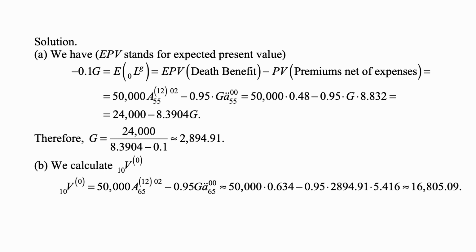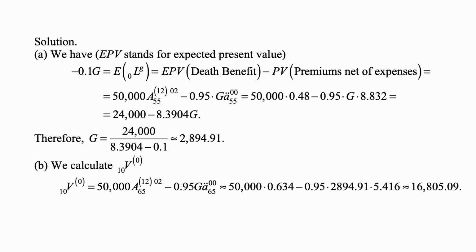For part B, we calculate 10V0, so reserve at time 10 for being in state 0. That's 50,000 A65 upper 1202. That's the actuarial present value of future benefits, or expected present value of future benefits, minus 0.95 G a double dot 6500. That's the expected present value of future premiums net of expenses.